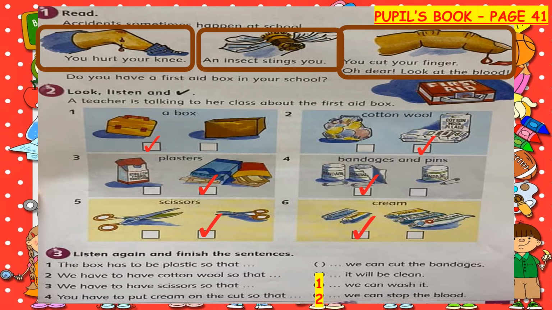The purpose is we can stop the blood. 3, we have to have scissors so that, what is the purpose of putting scissors in the first aid box? So we can cut the bandages. And number 4, we have to put cream on the cut so that, the purpose of including cream on our first aid kit is it will be clean.